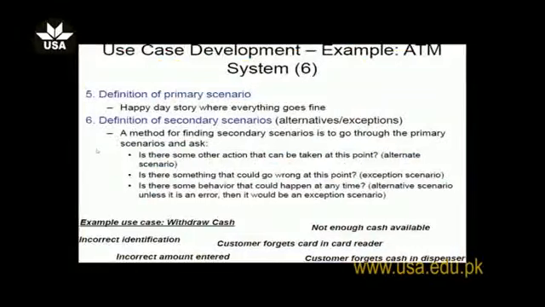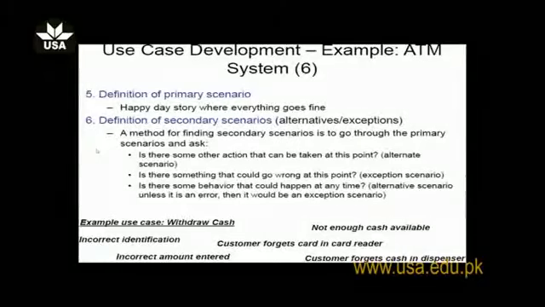So here we need to define the primary scenario, the happy day story where everything goes fine. If we talk about secondary scenarios, that means we are talking about alternative ways or exceptions. A method for finding secondary scenarios is to go through the primary scenarios and ask: is there some other action that can be taken at this point?